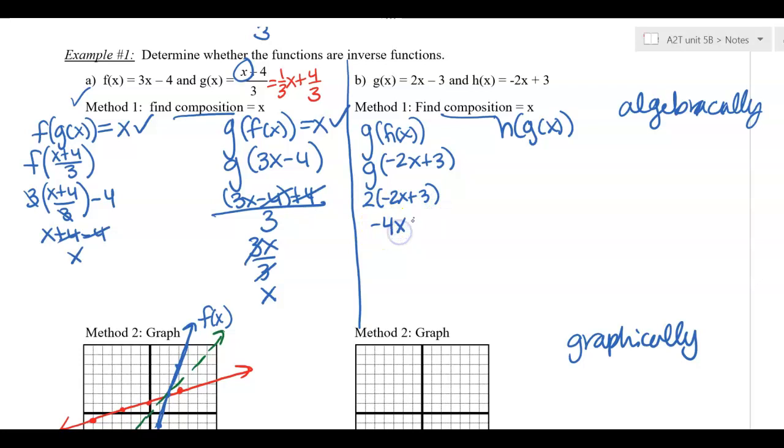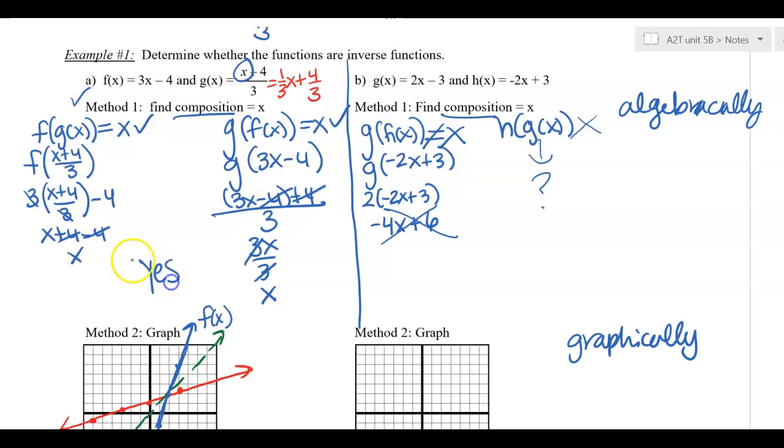And so that will look like this. Right away, I can stop without even going on to the other one, because whether h of g of x turns out to be x or not, g of h of x did not equal x, which means I know right away they're not going to meet the inverse requirement. Okay, so these are not inverse functions.